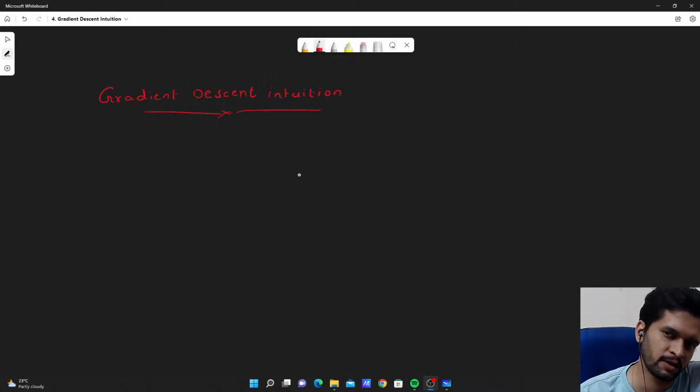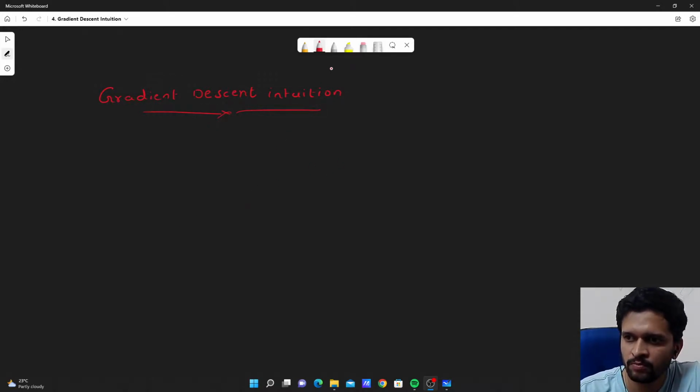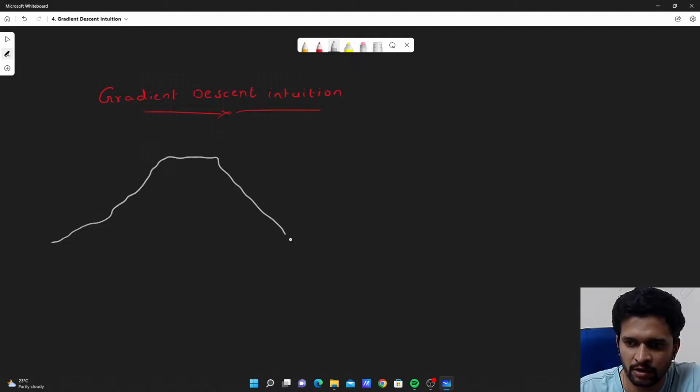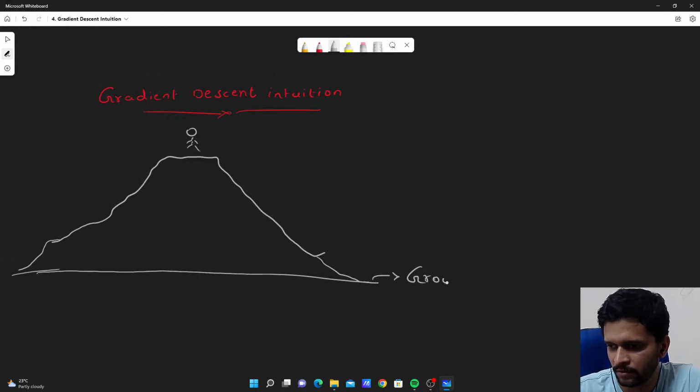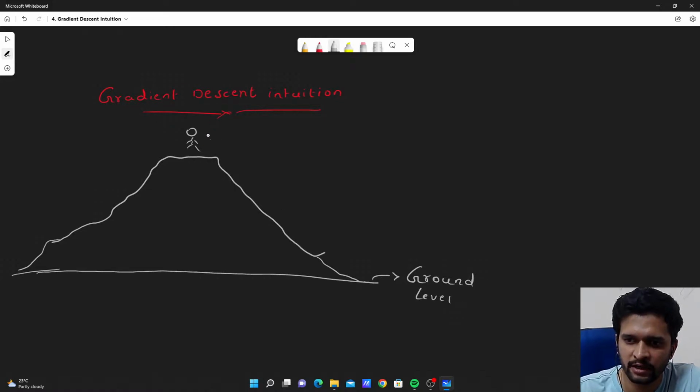Okay, so let's start. Let us assume you are standing on top of a hill. Let me quickly draw kind of a hill structure here. So this is your hill, and you are standing on top of this particular hill. This is the ground level, and you are standing right here on top of the hill.